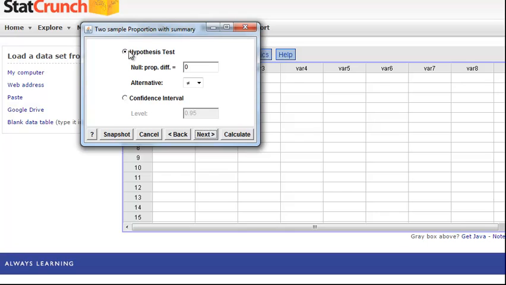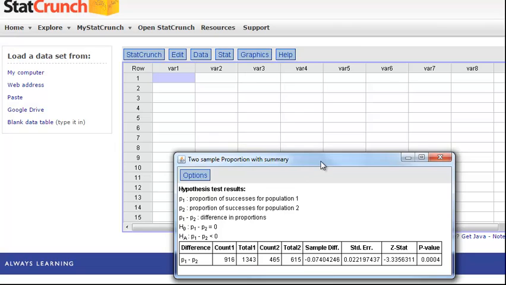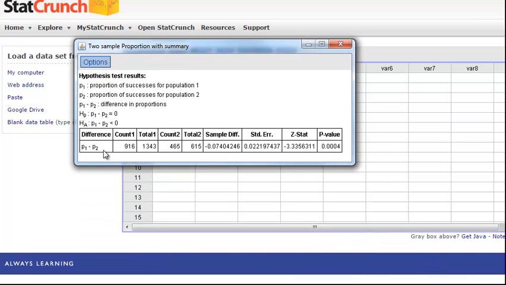And this time I am doing a hypothesis test. We're looking at zero, always what we do for a two sample, because if you took the difference it would be 0. And then we have less than in the hypothesis. Okay, so here's our test statistic, negative 3.3, and 0.0004. Okay, so there's our results using StatCrunch.